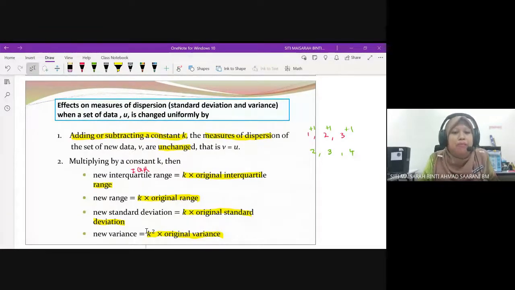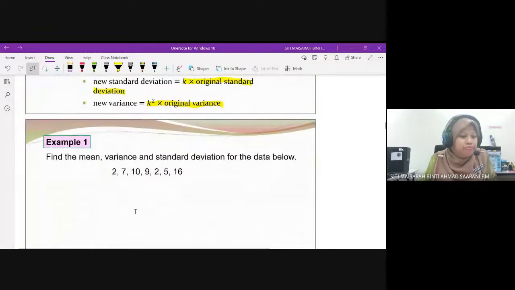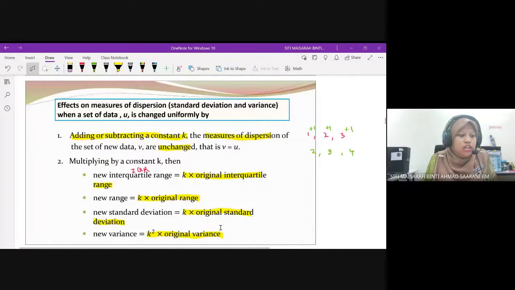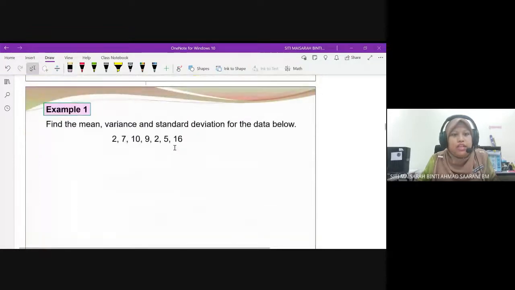Dia multiply by a constant K. Okay. Alright, so effect on measure of dispersion ni boleh guna untuk both group data and ungroup data. Dua-dua terpakai.